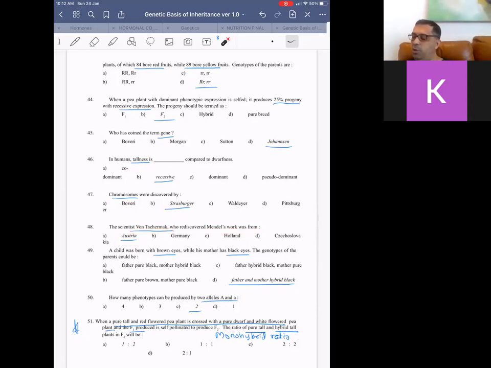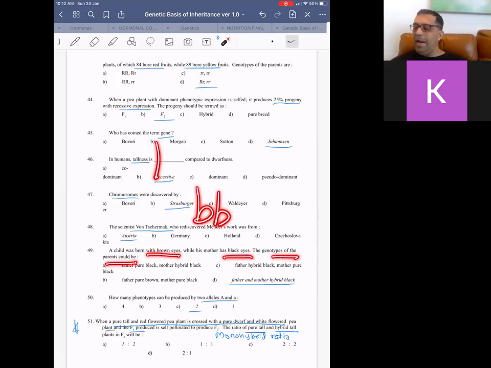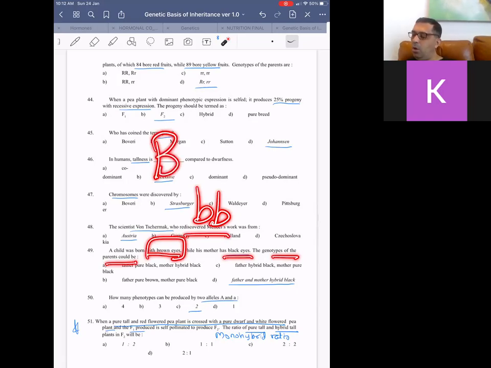A child was born with brown eyes while his mother has black eyes. What is the genotype of the parents? Now, brown is recessive compared to black. The child has got brown eyes and the mother has got black eyes. तो मदर और फादर दोनों का जीनोटाइप क्या होगा?